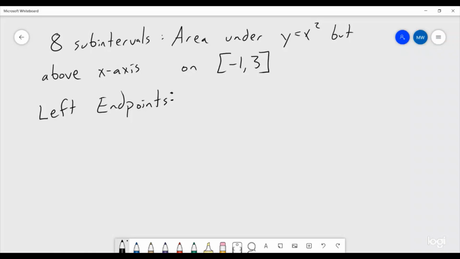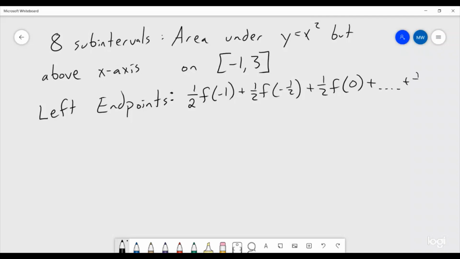So this one would be a 1/2 times f of -1 plus a 1/2 f of -1/2 plus a 1/2 f of 0 plus all the way up to a 1/2 f of 2.5.